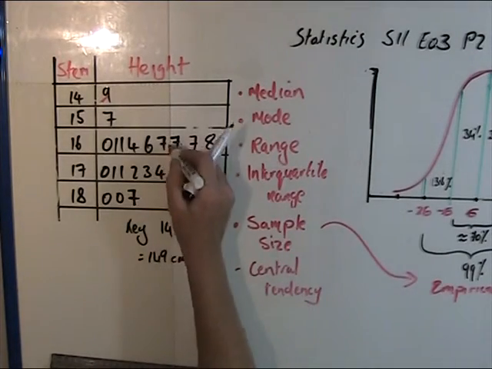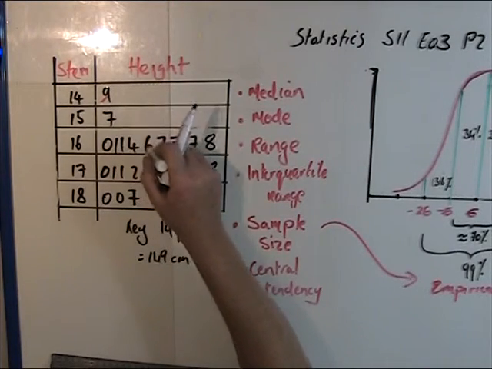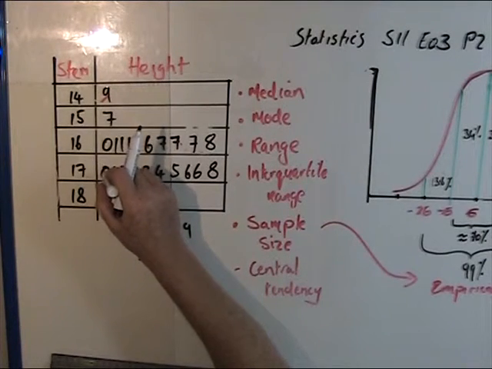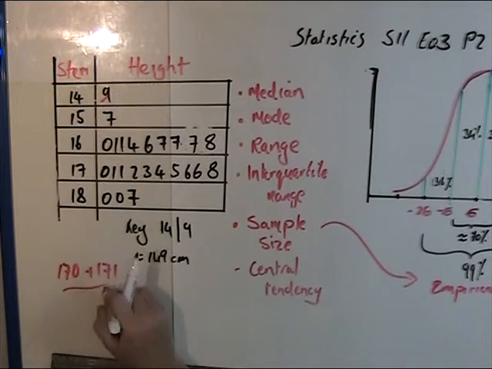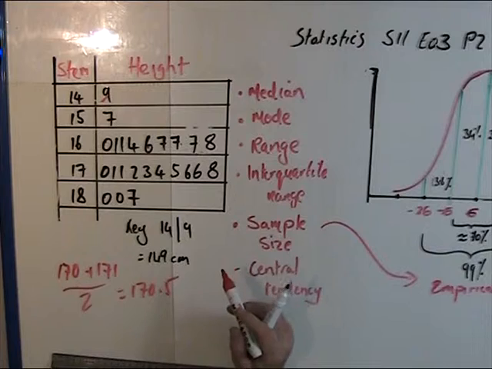So we found, 1, 2, 3, 4, 5, 6, 7, 8, 9, 10, 11, 12, so it was 170. Now 170 plus 171 all over 2 is 170.5. So that was the median.